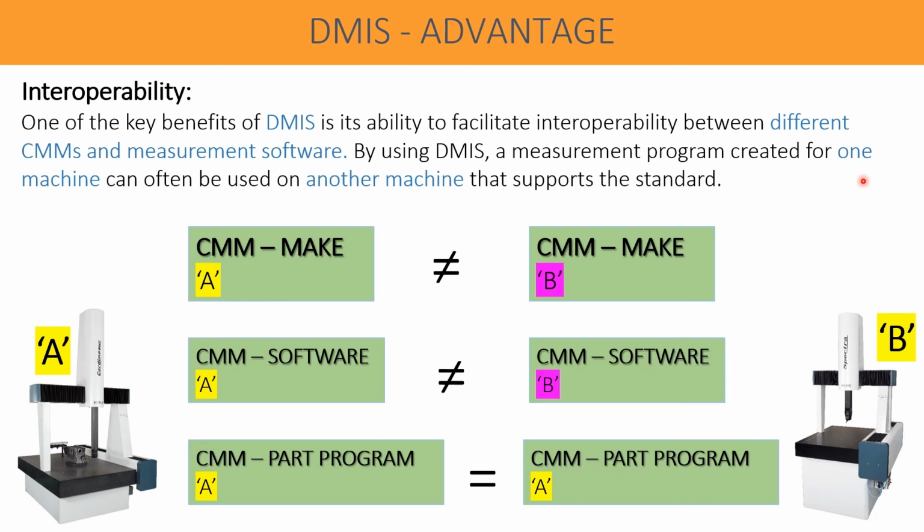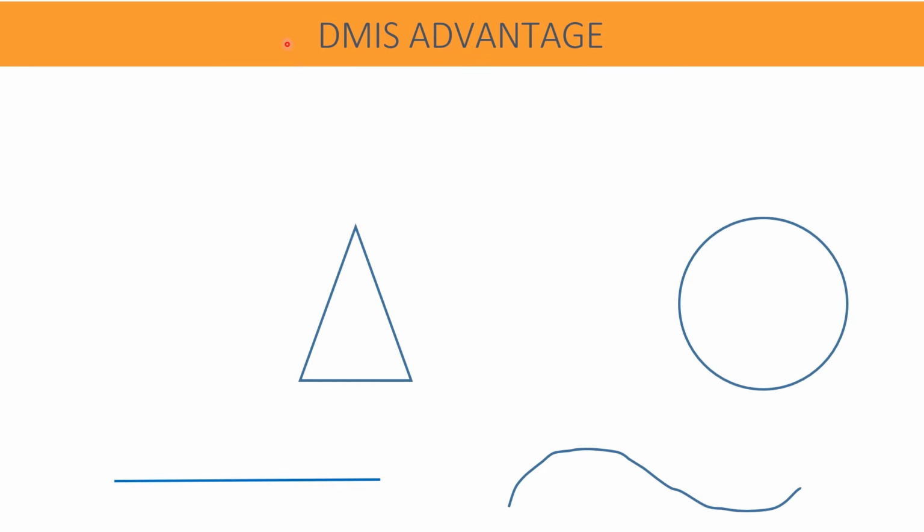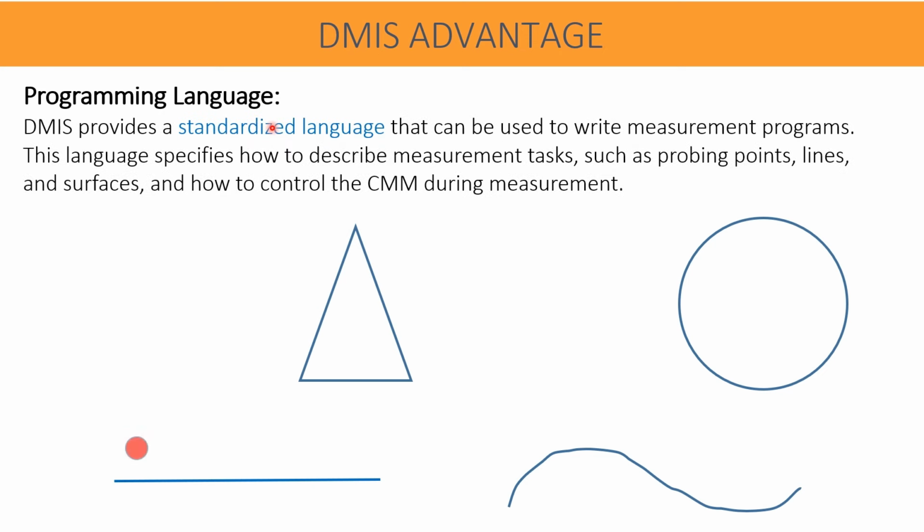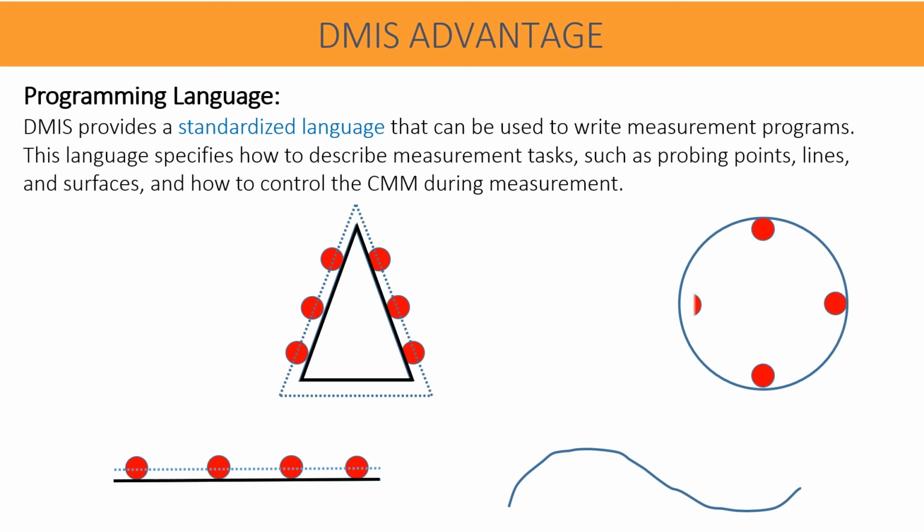So this is the advantage of the interoperability of the DMIS standard language. This DMIS language specifies how to describe measurement tasks such as probing points, lines and surfaces, and how to control the CMM during the measurement. It means the movement of the probe on the various features available on the part.